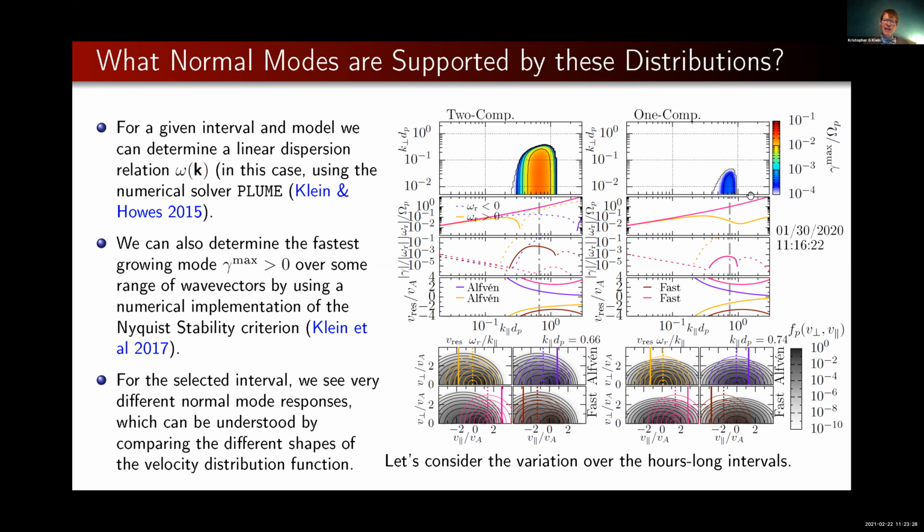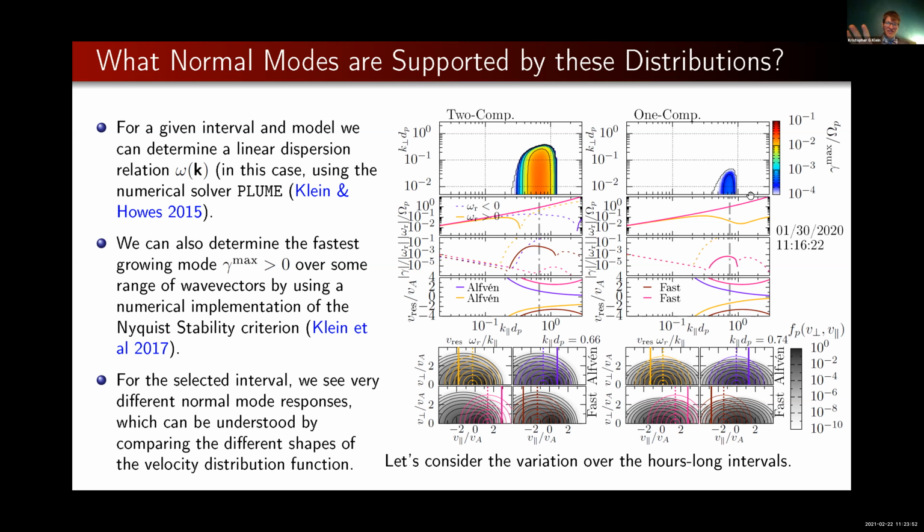And we can understand that by looking at where these waves are actually resonantly interacting with the distribution. And we see that if you treat it just as a single model, you're not properly capturing the df/dv structure correctly, and therefore you're misrepresenting the resonant structure and therefore the appropriate growth or damping rates.